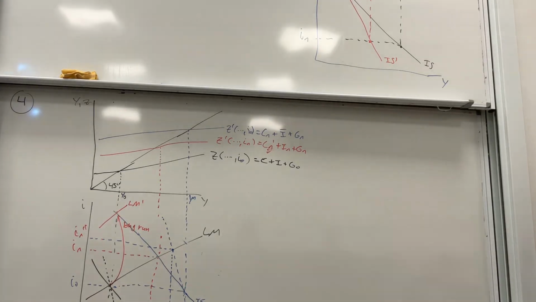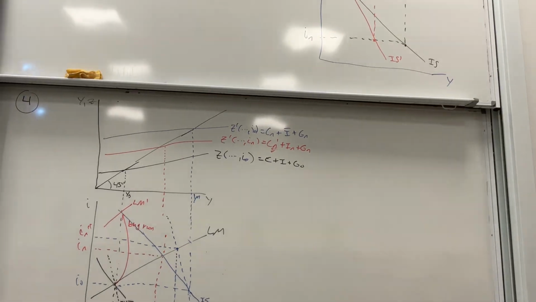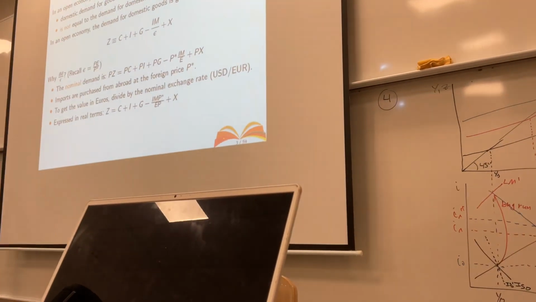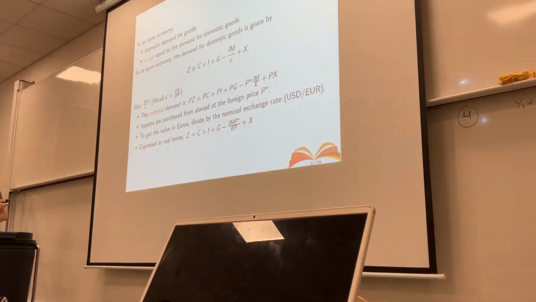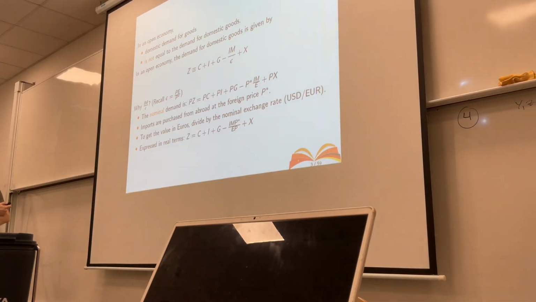All right, so let's look at the IS curve. So we're going to have our demand function, but now we have to add in imports and exports. All right, but we want to keep in mind that we have a little bit of adjustment here. The demand for domestic goods is not equal to the domestic demand for goods.